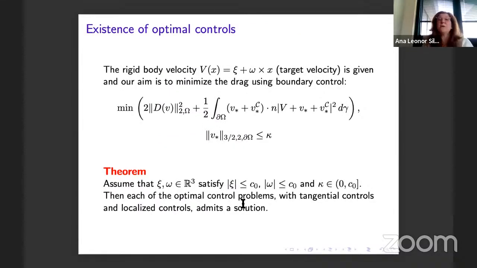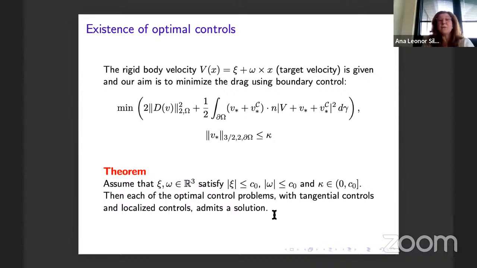So what we can show now, I will not show all the details, but we can show that if the admissible set of controls is composed of bounded functions V star, and if K and omega are also sufficiently small, then each of the optimal control problems, tangential controls or localized controls, admit a solution.